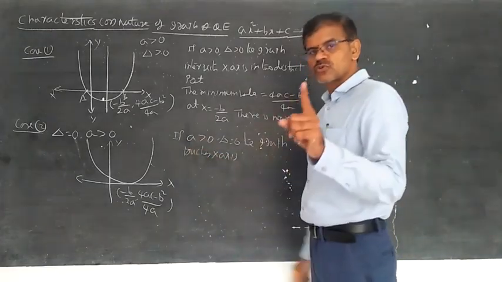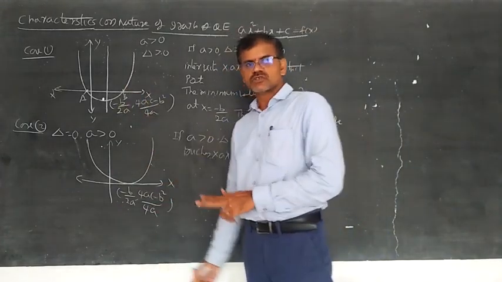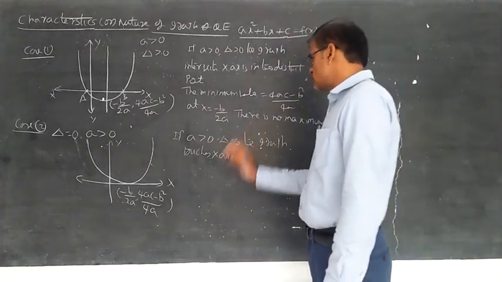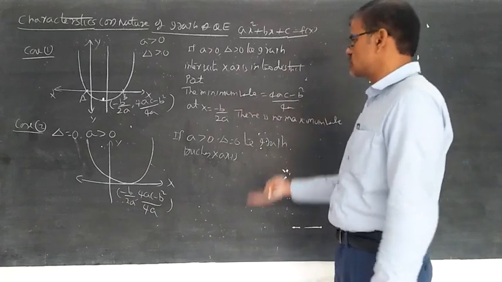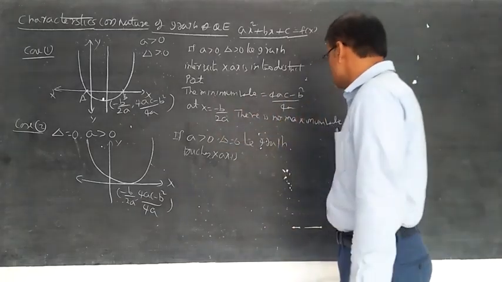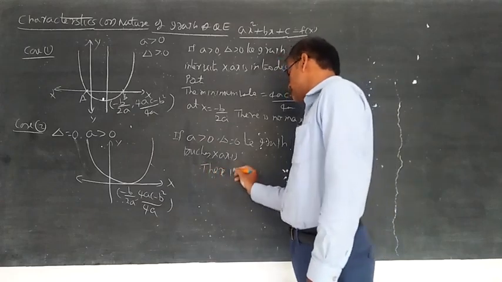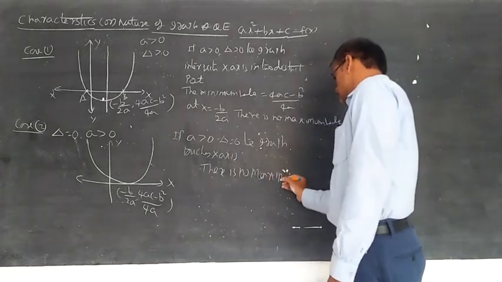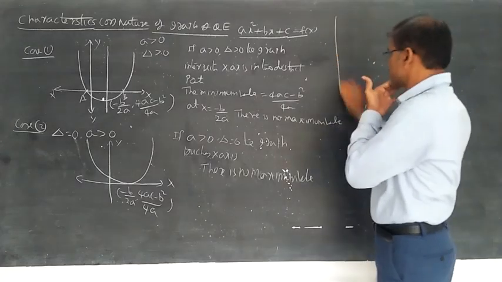That is why the two roots became one root, therefore the secant became a tangent. So according to the geometry concept also it is correct. It touches the x-axis. There is no question of two distinct points. The same concept: the minimum value is 4ac minus b square by 4a. There is no maximum value for this also.